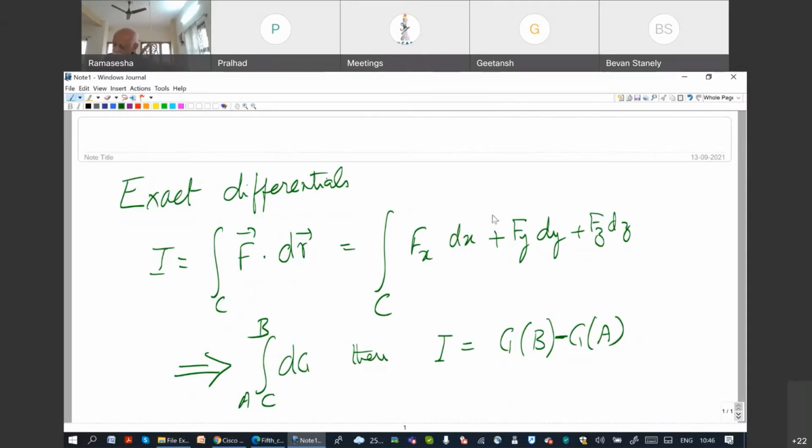And what we will do is see under what conditions you can write it this way.